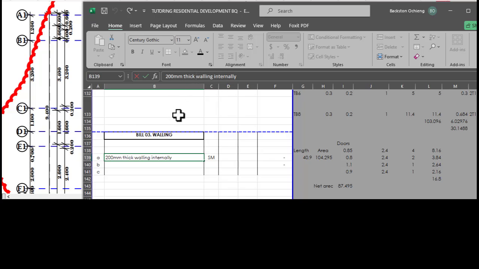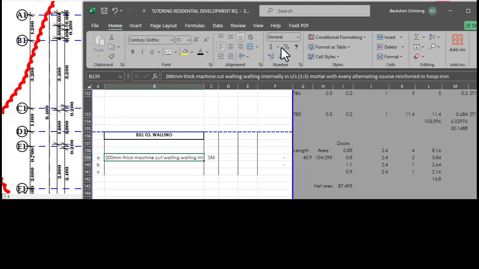So let me make this better: 200 millimeter thick machine cut walling internally in cement sand 1 to 3 mortar, with every alternating course reinforced in hoop iron.